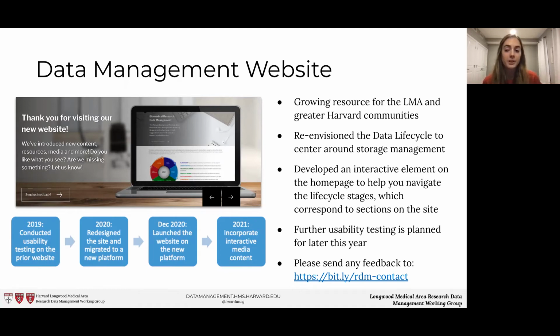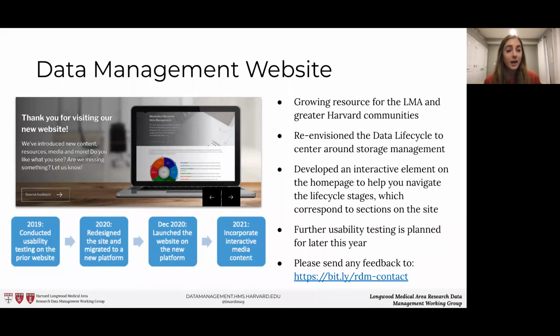Our subgroup aims to keep the website relevant with upcoming trainings and news articles, while also overseeing larger projects to help develop new content. In 2019, our subgroup conducted user testing to help improve the usability and aesthetics of the site.